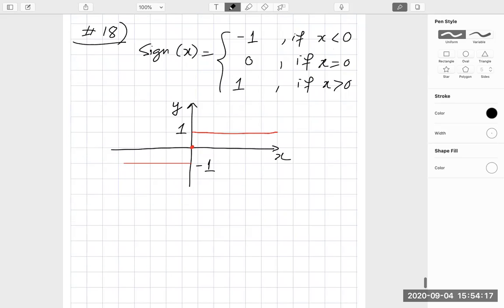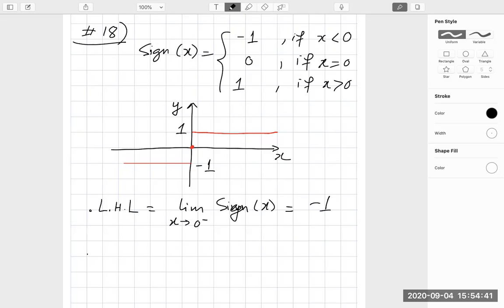Yeah. So from the graph, what is the left-hand limit of this function when x approaches 0? -1. Perfect.